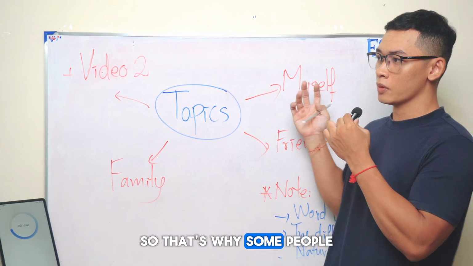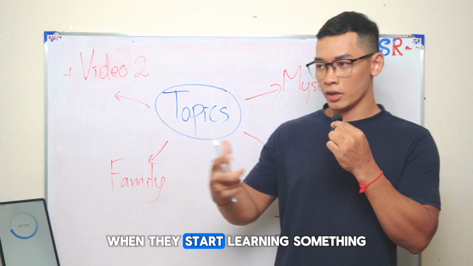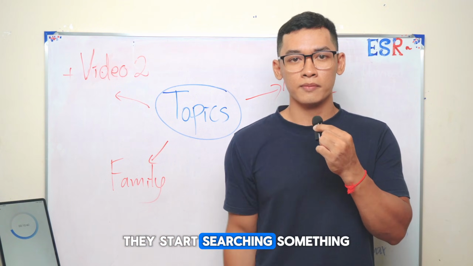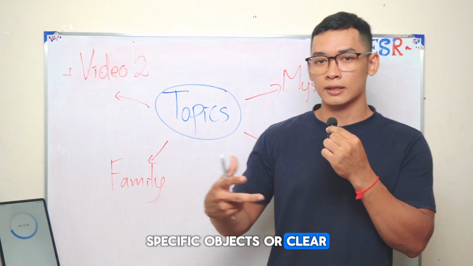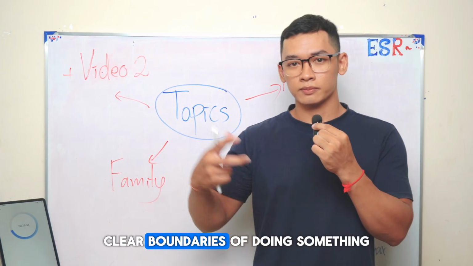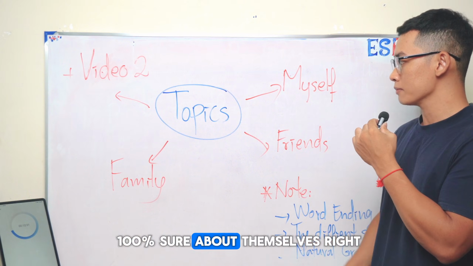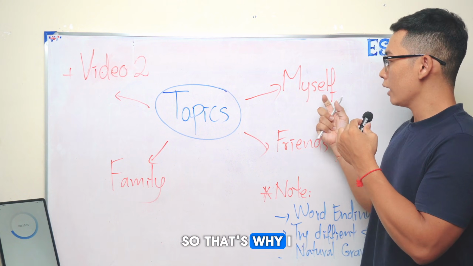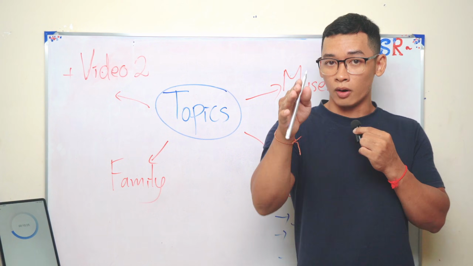That's why some people still don't know about themselves. When they start learning something, they start searching, they start finding specific objects or clear stuff, right? Clear boundaries of doing something. So they are not 100% sure about themselves, right? So that's why I think myself would be the case to be learnable for all of you.